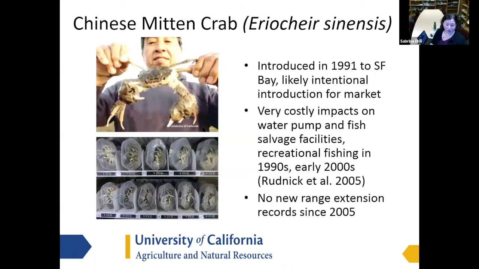We haven't found it a lot since 2005, but I did just want to point out this really funky picture. So you can buy live crabs in vending machines in China and Japan and maybe Korea as well to eat. So they're a really popular food source. We don't know for sure who introduced them, but it may have been people wanting to have this native food that they like and bringing it and actively putting it in our streams.